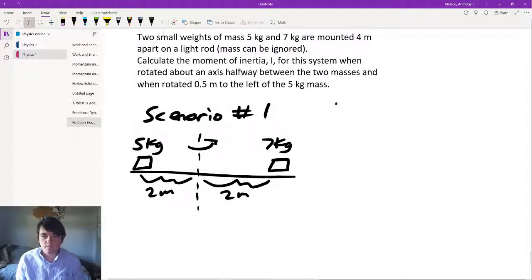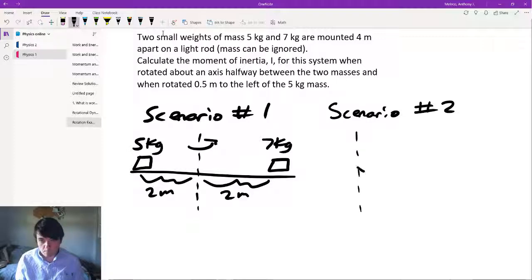Scenario number 2. So our first mass is going to be there.